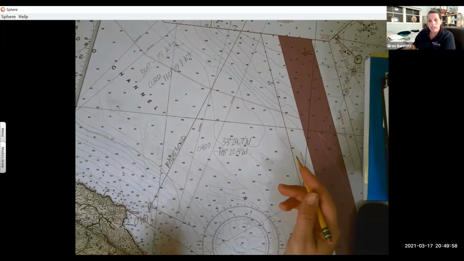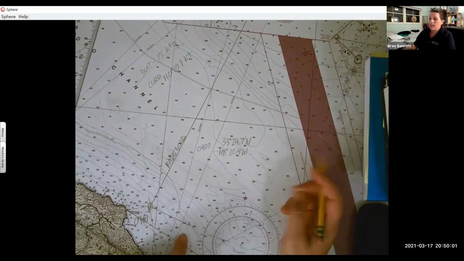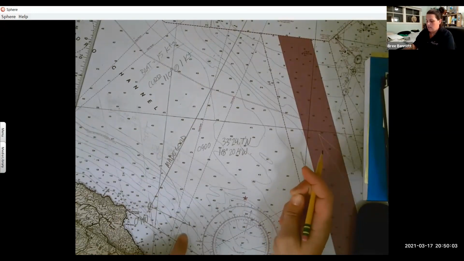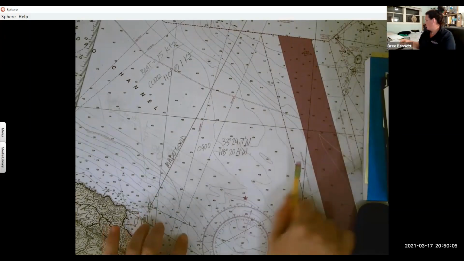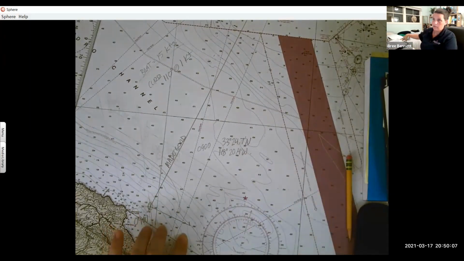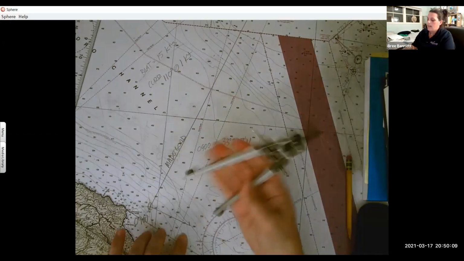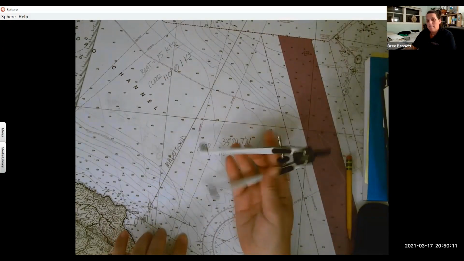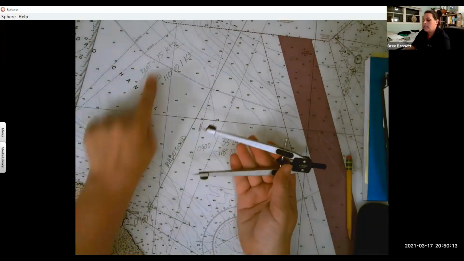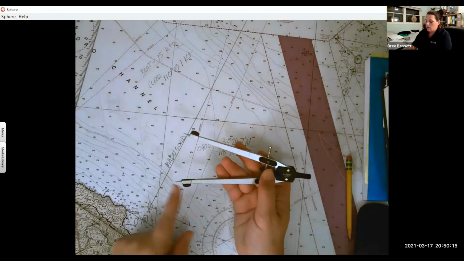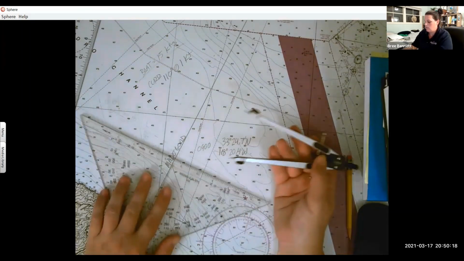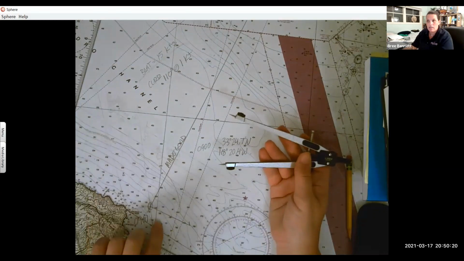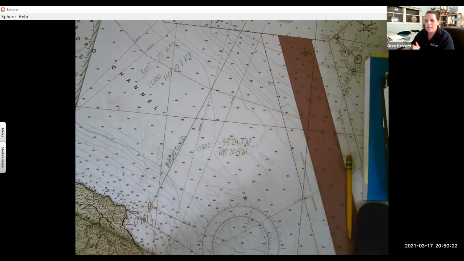Here's my direction of 110. Now, I know from the previous question and my plotting that in order to make my boat line of 15, I cannot do that with my triangle or my dividers. So any ideas of how we can make our triangle smaller?